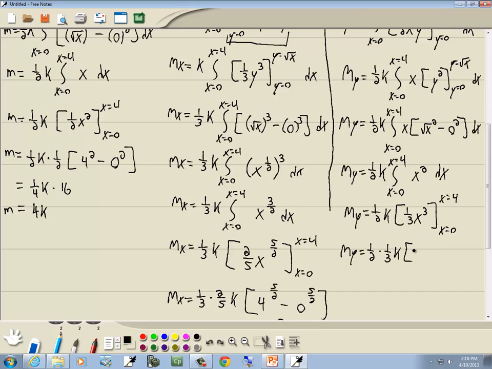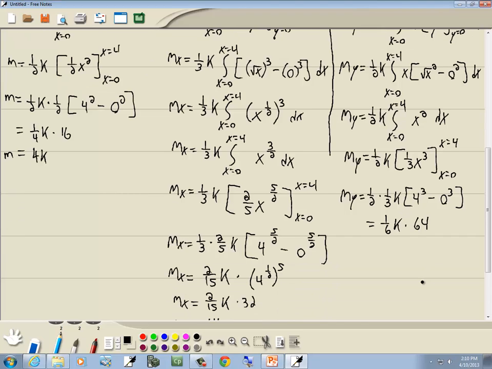I plug in 4 for the x, so we've got 4 to the third minus, and put 0 in for the x, so I've got 0 to the third. So that gives us 1/6 k times 4 times 4 is 16, times another 4 is 64, I believe, which gives us 64 over 6 k, which is 32 over 3 k.